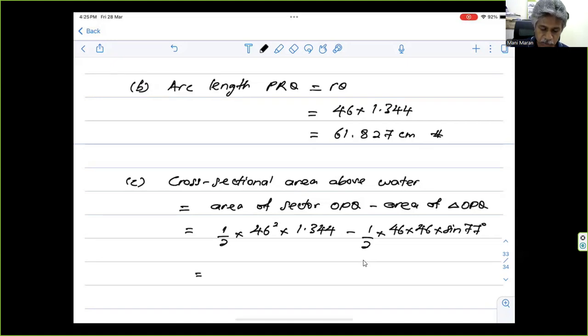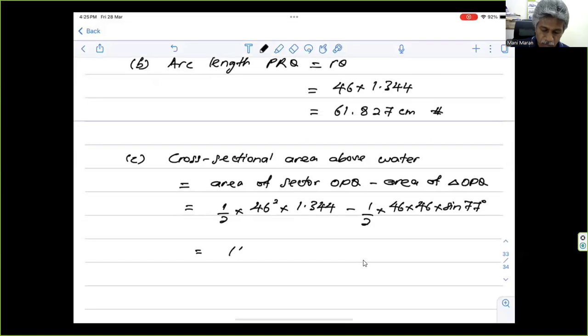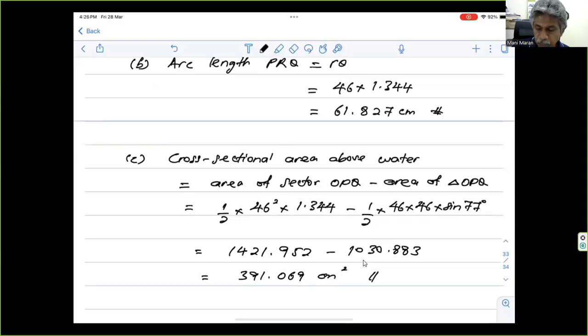And so if you work it out, you'll get 1421.952 minus 1030.883. So you'll get 391.069 cm square. Okay, so that is the cross-sectional area above the water.